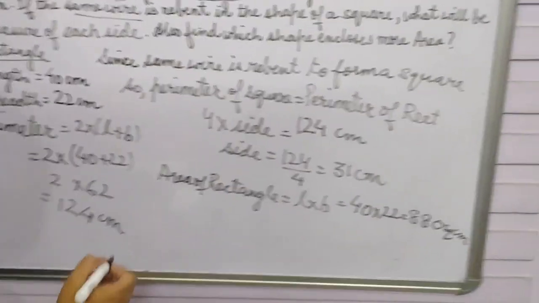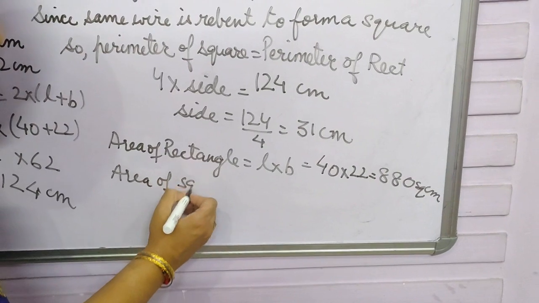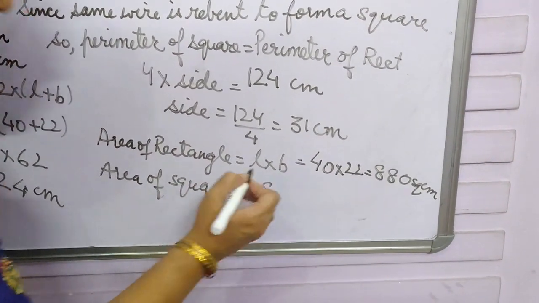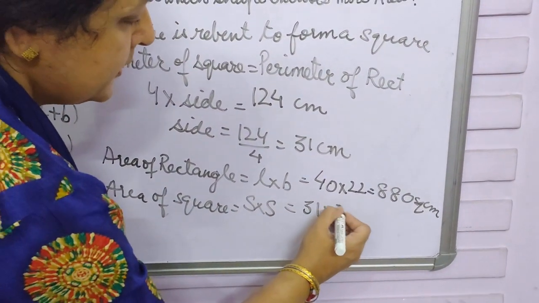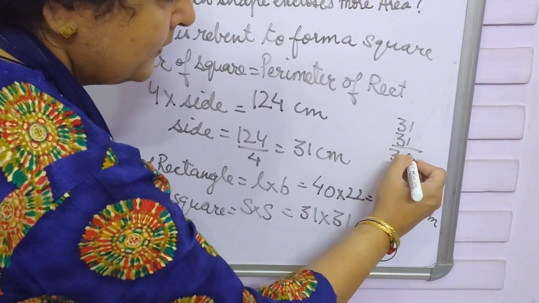And if we calculate the area of the square, the formula to calculate the area of a square is side multiply side, and the side we have come to know is 31, so 31 multiply 31. Let us multiply 31 by 31.